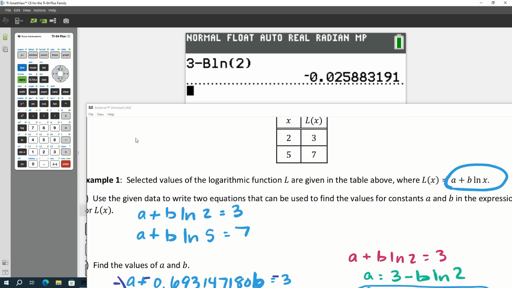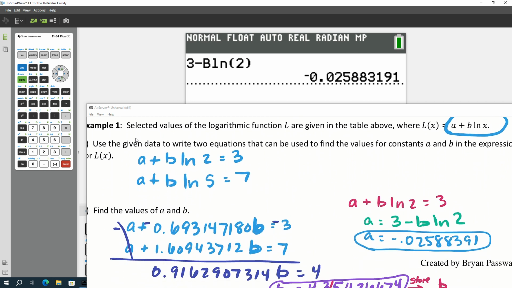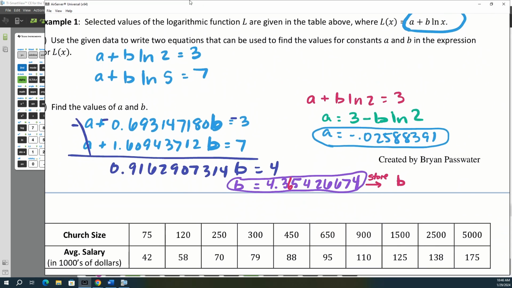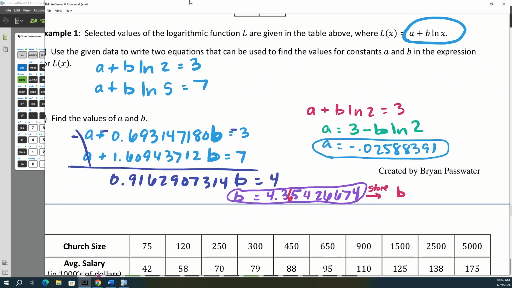If it is the generic natural log form, we can do the shortcut, or we just do the logarithmic regression. So if you can find some space, we're going to do LnReg.